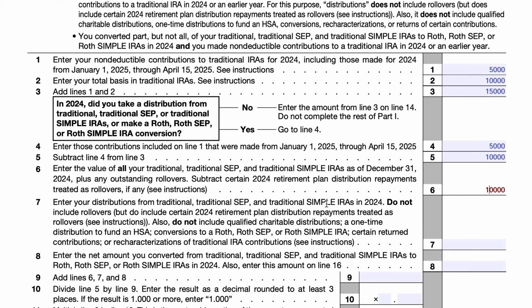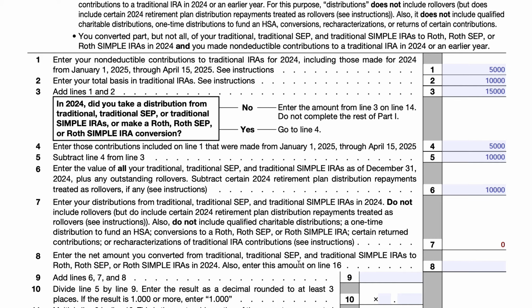Don't include any one-time distributions to fund an HSA, or any Roth conversions, certain returned contributions, or traditional IRA recharacterizations. So let's just say that there were no distributions, but we will go through what this would look like if we did a Roth conversion.